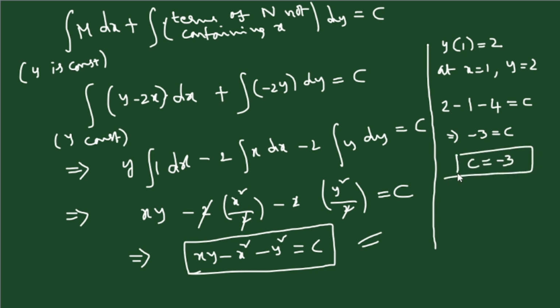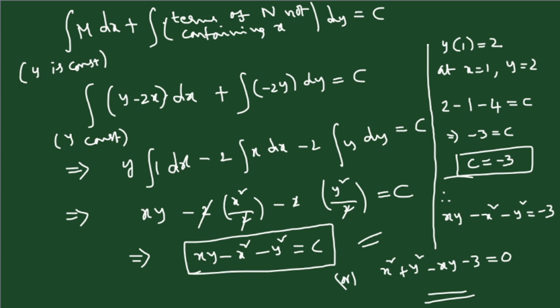So therefore, the solution becomes xy minus x square minus y square equal to minus 3, or let us take everything to the right hand side. X square plus y square minus xy minus 3 equal to 0. So this is the required solution.